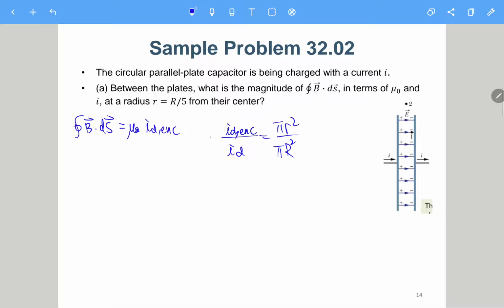So here we can just substitute back. We have mu naught I_D enclosed, I_D times small r squared over capital R squared, and small r is capital R over 5. So we have capital R over 5 quantity squared over R squared. So we have mu naught I over 25.